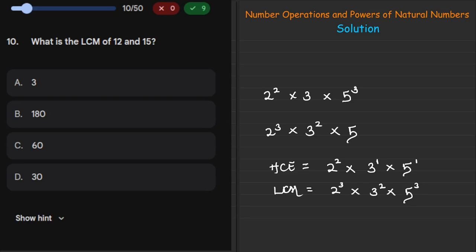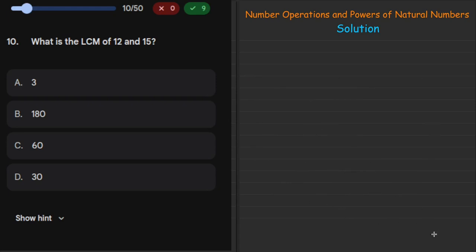Question number 10. It says, what is the lowest common multiple of 12 and 15? So for 12, we can rewrite 12 using the method of prime factorization. We have 12, and 12 is 2 times 6.